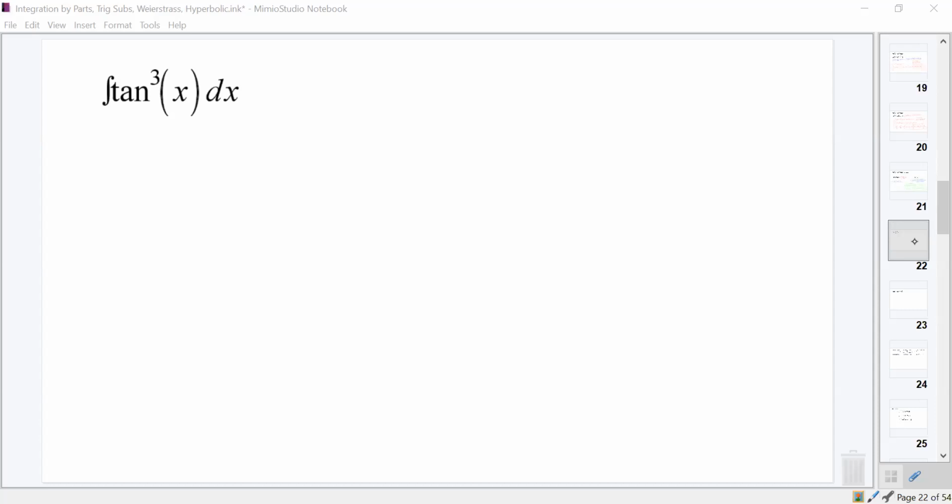So what we'll do is we're going to separate this out into an integral of tangent x times tangent squared x. So anytime you got trig functions and it doesn't follow one of the set patterns, just kind of play around with the trig functions and see what happens.